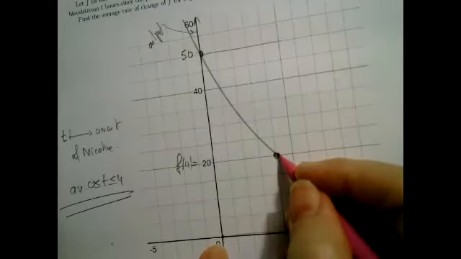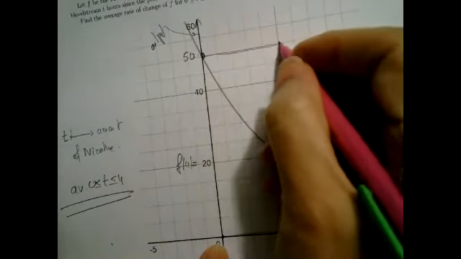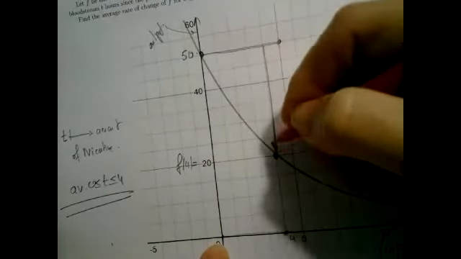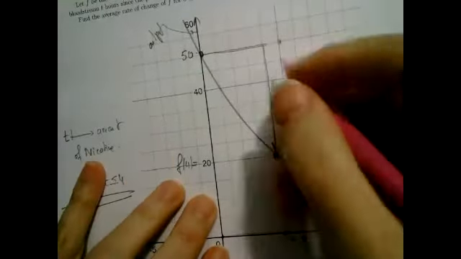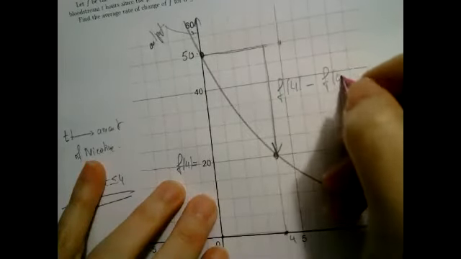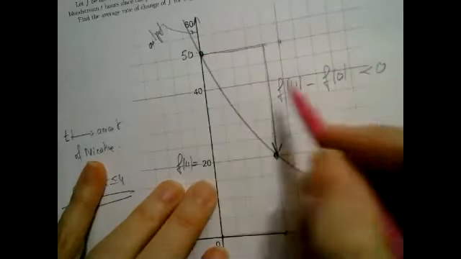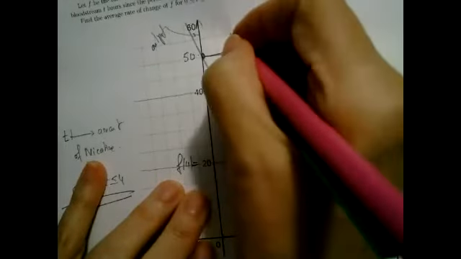After 4 hours, of course, the amount of nicotine went down in your body. You had 50 milligrams, and then after 4 hours, it went down that much. So that's the change in output, which is negative because the final value is smaller. And the change in input is 4 hours.